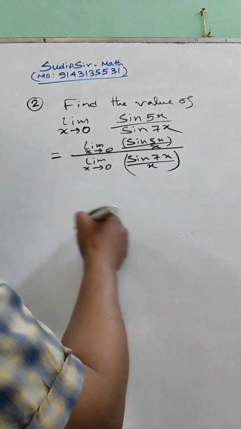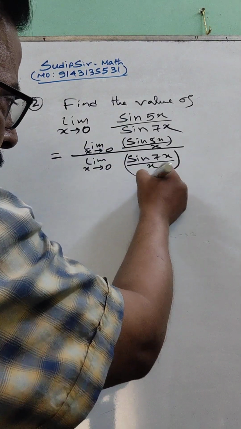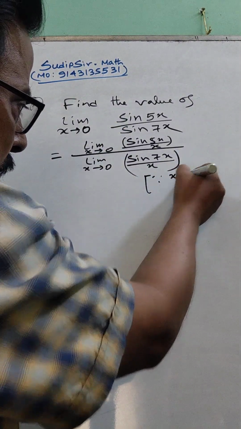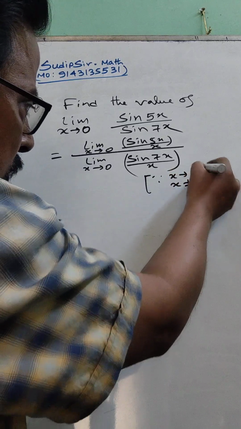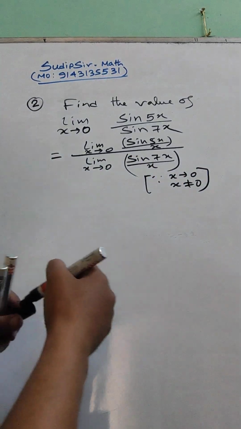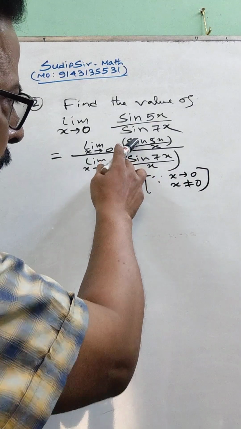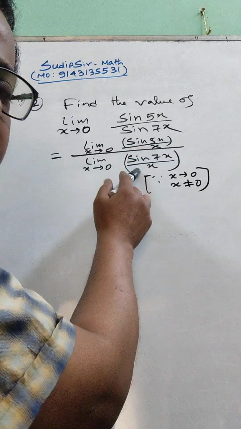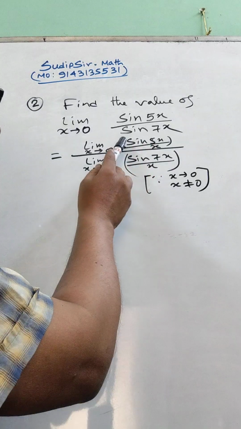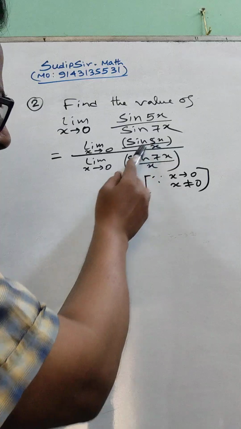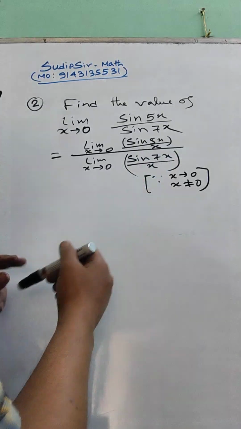Give the note, since x tends to 0, x not equal to 0, that's why we can divide numerator and denominator by x. So it is cancelled. Sin 5x by x, sin 7x by x.